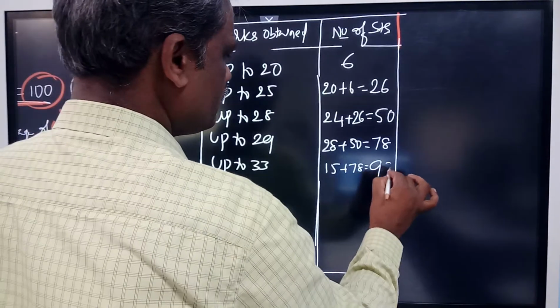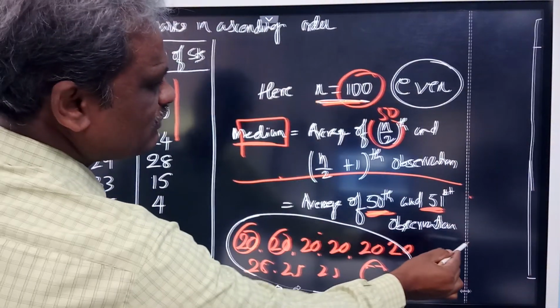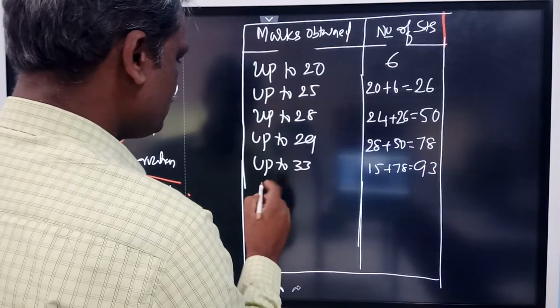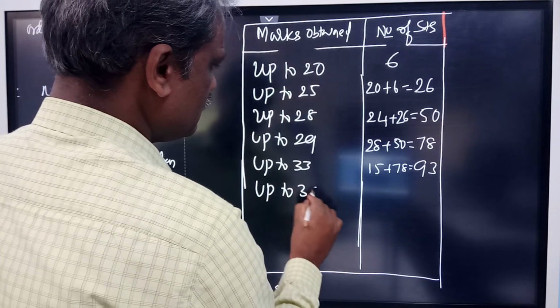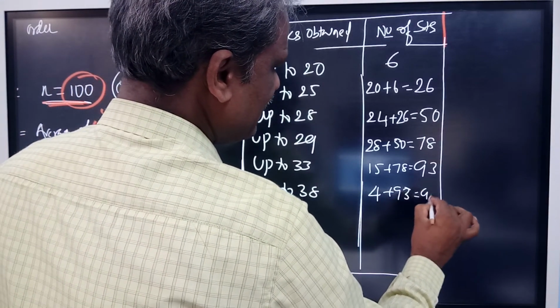Then the next data, up to 38, plus 4. So 4 plus 93 is 97.